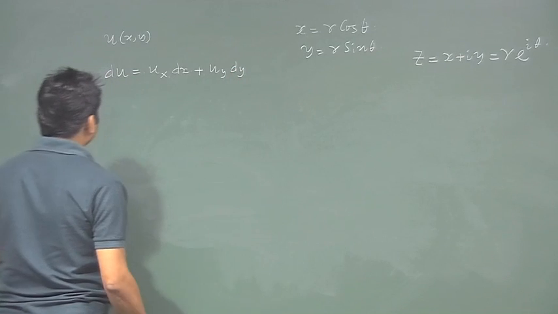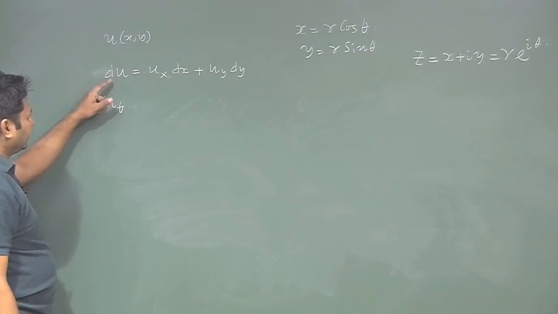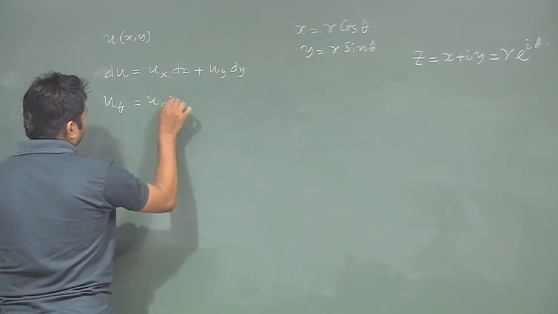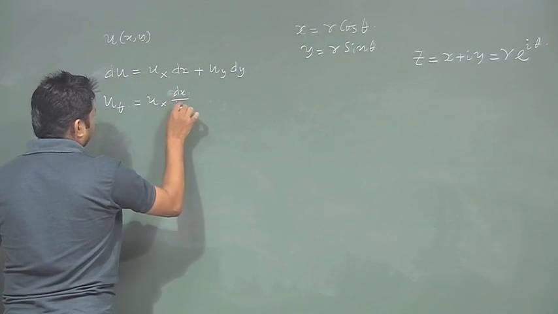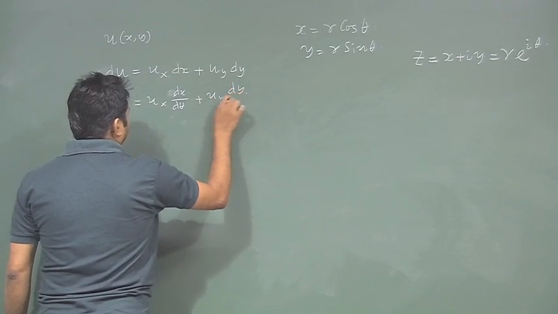From this equation I can write the partial derivative with respect to theta: u theta is ux dx d theta plus uy dy d theta.